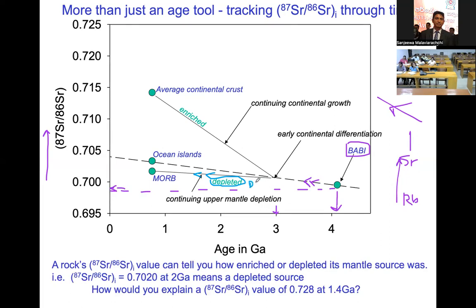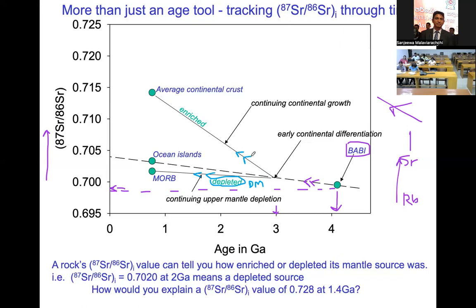So therefore, we call it depleted mantle, DM. Okay. So DM, depleted mantle, started to form, and the continental crust, the melt produced by this partial melting process, evolved in a separate way from there onwards. Why? A lot of rubidium went there, and a lot of strontium was produced with time.